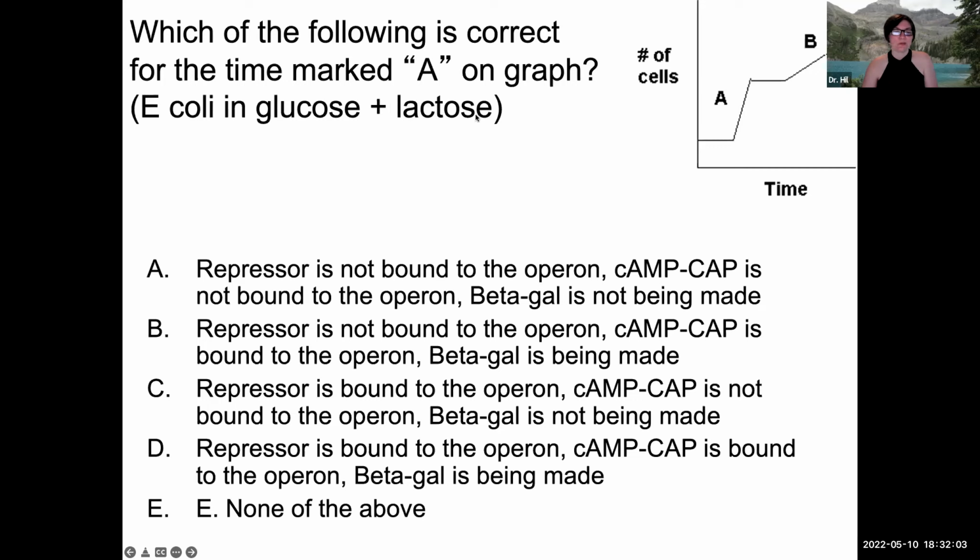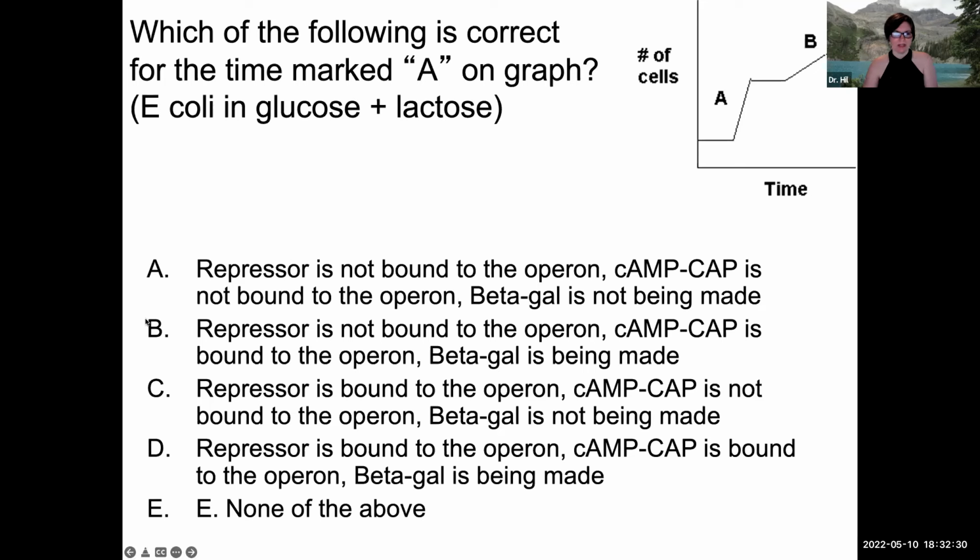Because lactose is present in the environment, it has bound to the repressor and inactivated it. So is the repressor bound to the operon or not bound to the operon in its inactivated state? Right, lactose being present has inactivated the repressor, so it's not bound.